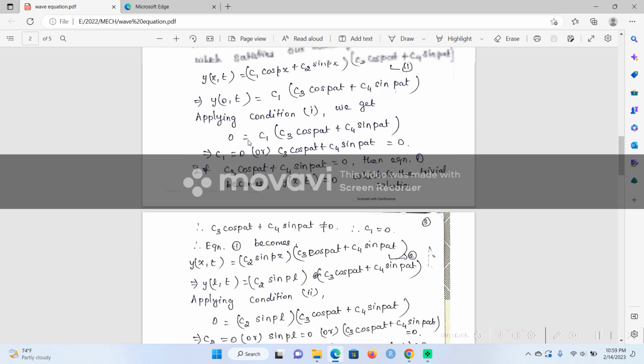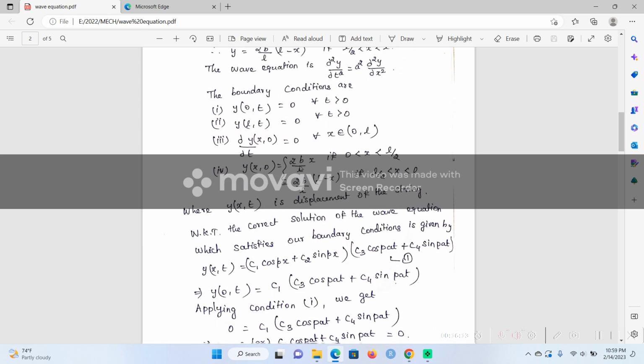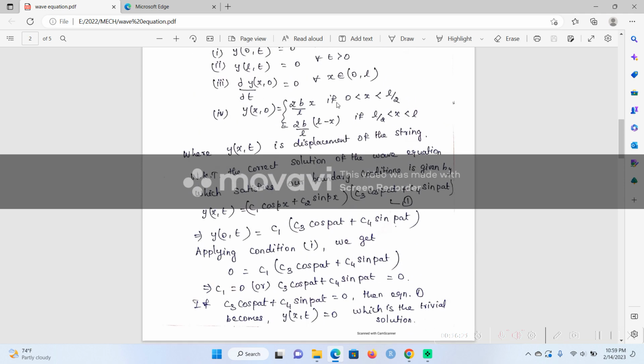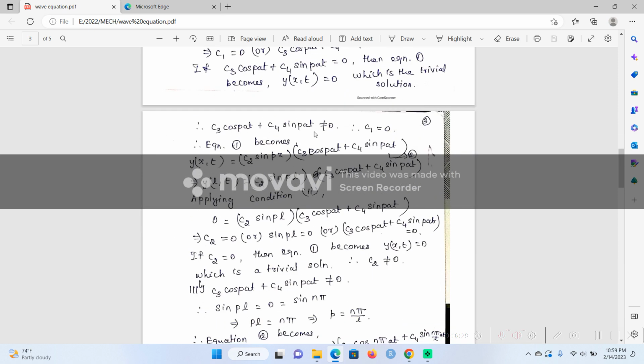Now to apply the second boundary condition, we need y of L comma t. Then we can substitute that value to be 0, isn't it? So I am going to put x value equal to L in our second equation. Initially we started with the solution as equation 1. After modifying we are left with equation 2.